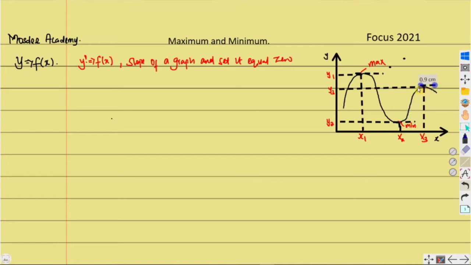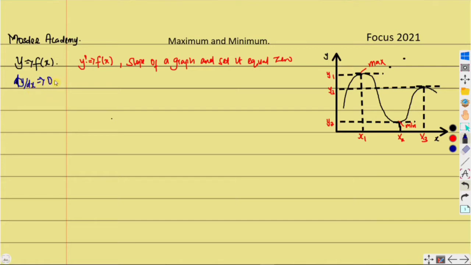To get these values, we draw a tangent on top of each of them. We have discussed this before. In a nutshell, the slope of this graph, which is always the change in y over the change in x, or y prime, or the way we've been writing it, dy/dx, must always be equal to 0.